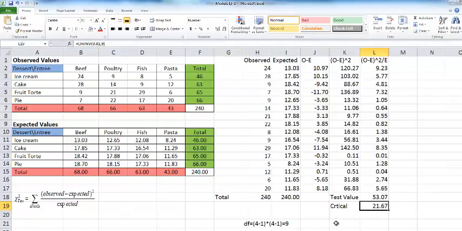Then the decision is H0 reject, H1 accept, because the test value is greater than the critical value. The next step will be to explore where the difference comes from. So which type of entree are more preferred, they prefer more, what types of dessert.